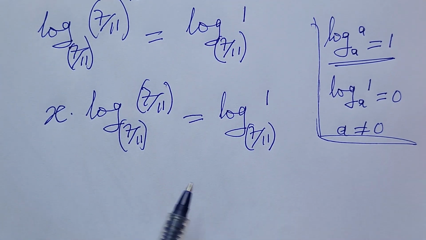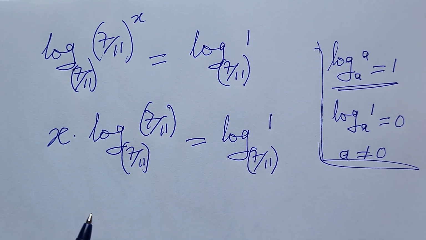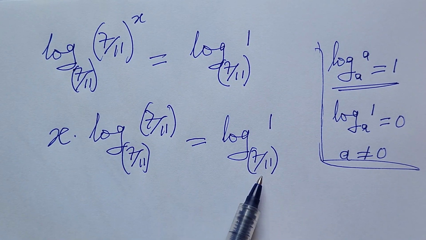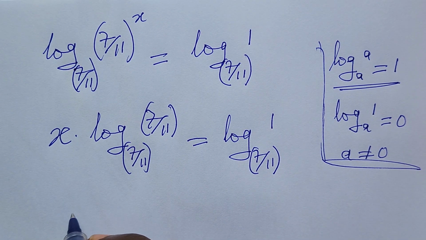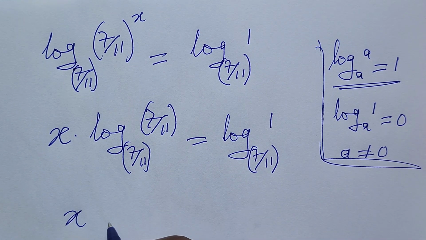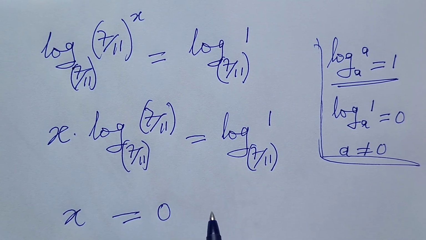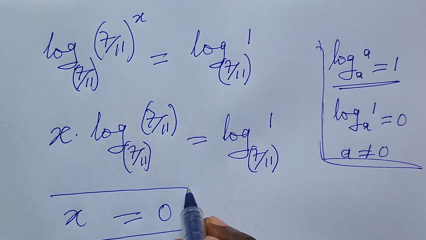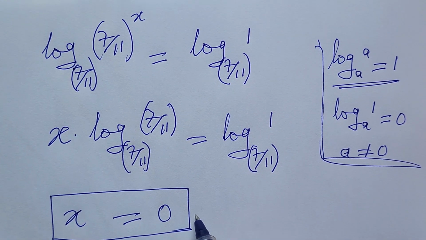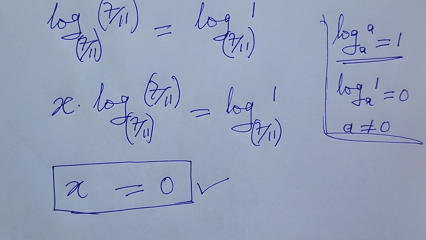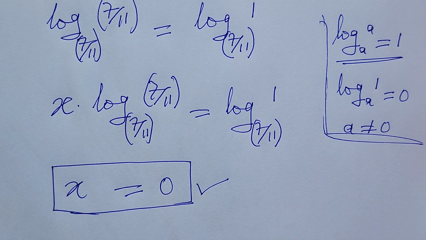So if we apply these two laws here, then automatically we're going to have this to be 1 and we're going to have this to be 0. So we're going to have x equal to 0. So this is the first root to our exponential equation, our math Olympiad problem.